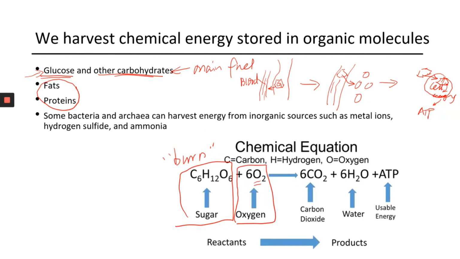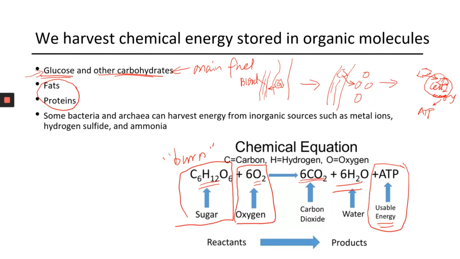Okay, and then in that process, energy is stored in ATP, and you also generate carbon dioxide, which you exhale to get rid of, and then water. Okay, so think of this process as when you go camping, you burn wood. It's very similar to that. It happens inside your individual cells, and the cells are burning wood, which is glucose, to get energy, okay, or heat. All right.